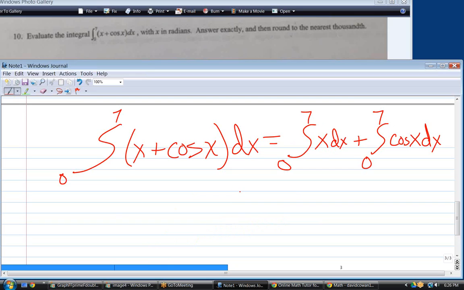What's the first one? The first one would be the integral of x dx. That would be 1/2 x squared. I'm going to evaluate that from 0 to 7 plus, what's the integral of cosine x? Sine of x. And I'm going to evaluate that from 0 to 7.